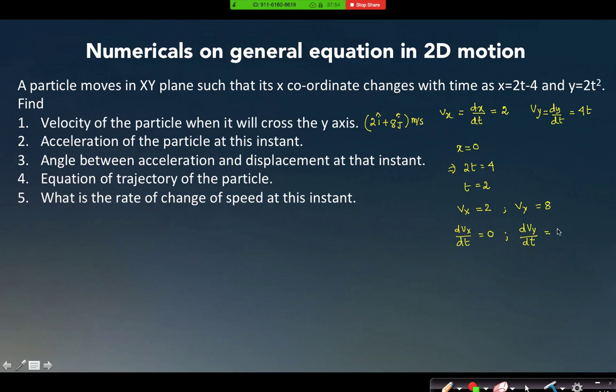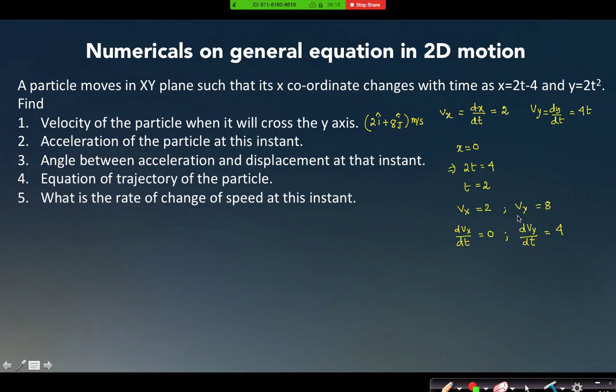Right? Look, there is a common question among students: if I differentiate vx, I am differentiating 2, and if I differentiate vy, I will again get 0 because vy is equal to 8. Here vx equal to 2, I will get 0. So why am I not getting 0?